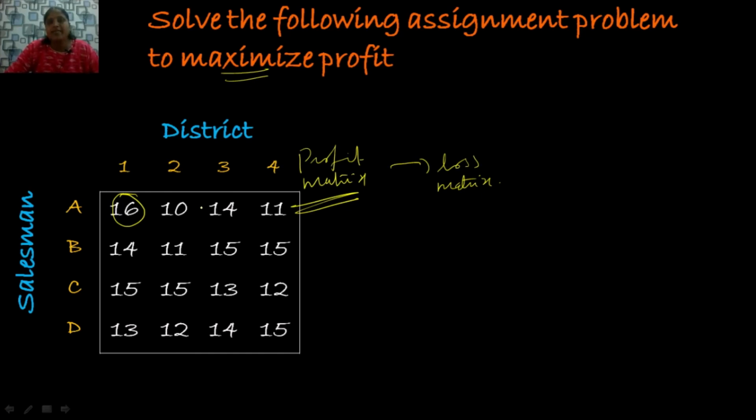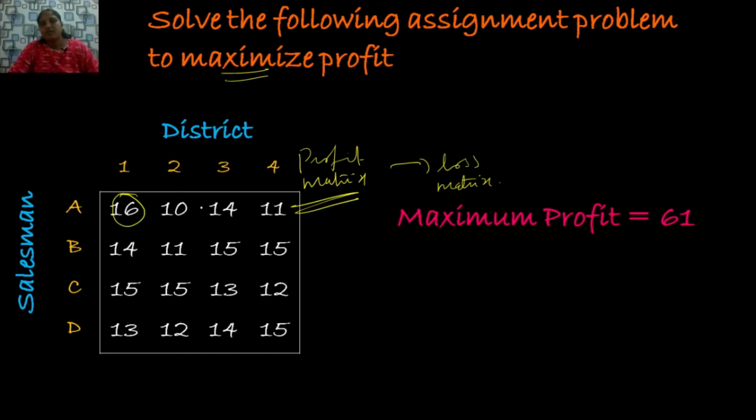Then you make an assignment and arrive at the optimum assignment schedule. Whatever assignment schedule you arrive at, you get the maximum profit of 61. So this is for your practice work. Do it well. This gives you more insight into how to solve problems under the maximization type of assignment problem.